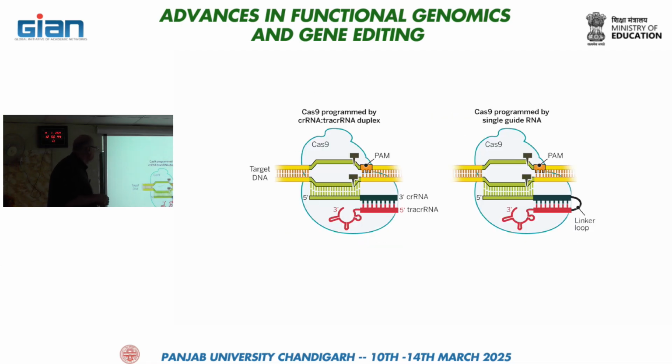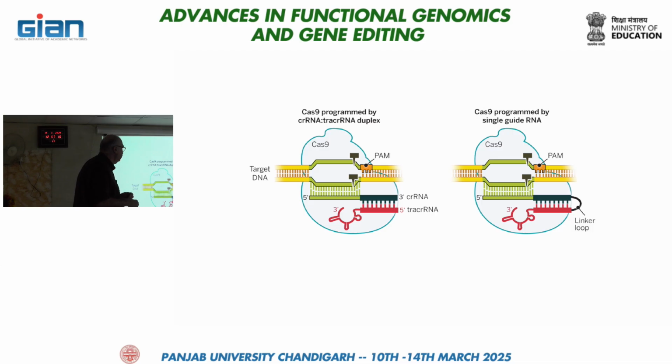And here you have how we use it for biotechnology. In the natural situation in bacteria, you have CRISPR RNA and tracrRNA in two different molecules. But in biotechnology, we use one molecule. So the CRISPR RNA and tracrRNA are linked together artificially.